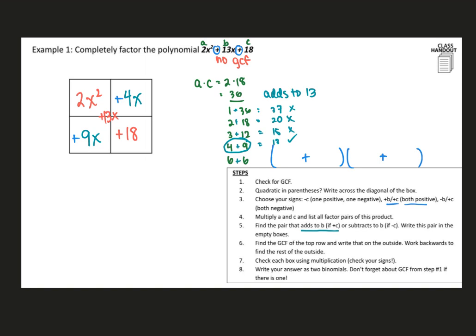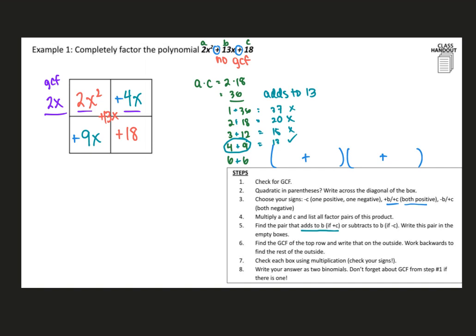All right. Next thing it says to do, so now we have our box completely filled out. Now we need to fill out the outside. So what we're going to do is find the GCF of our top row. So looking at 2x squared and 4x, that's going to be 2x.